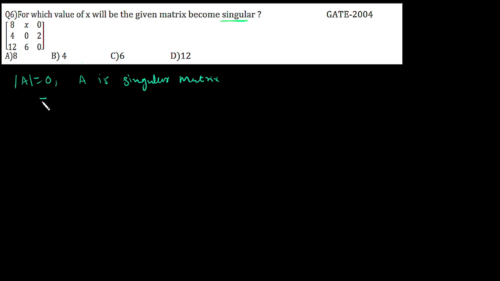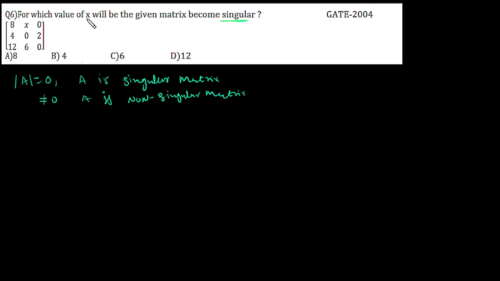And if the determinant has a non-zero value, then we say that A is a non-singular matrix. This is the basic definition of a singular matrix.